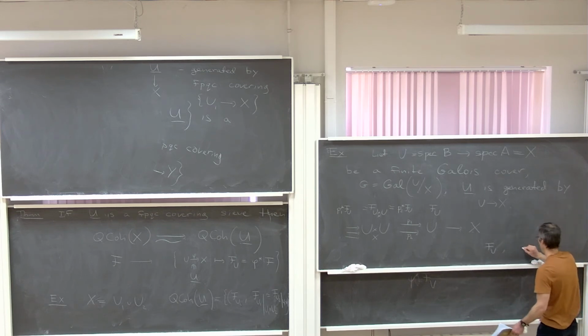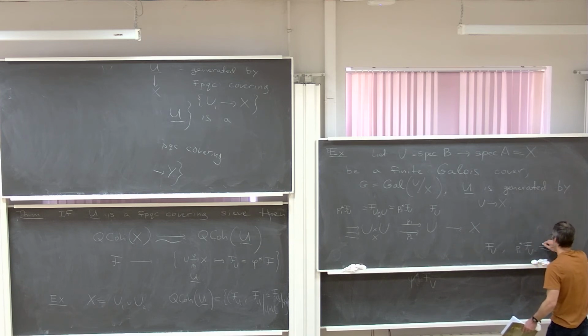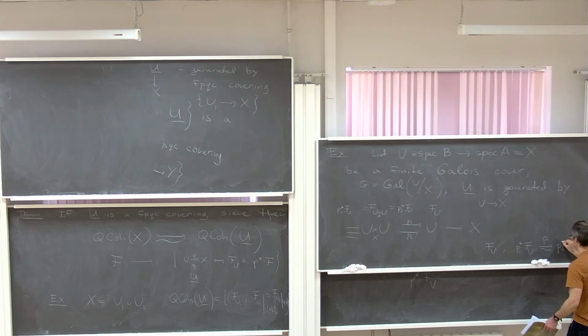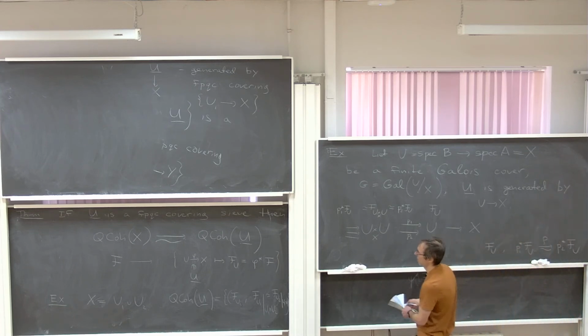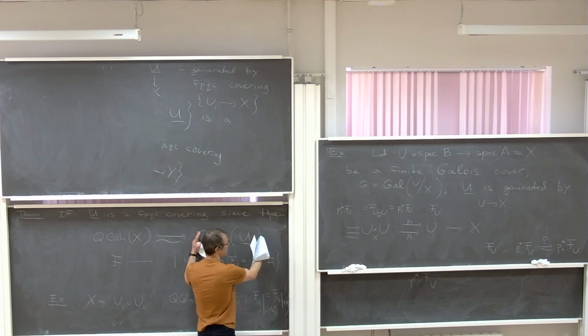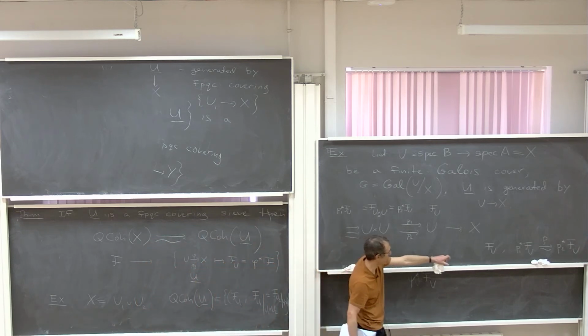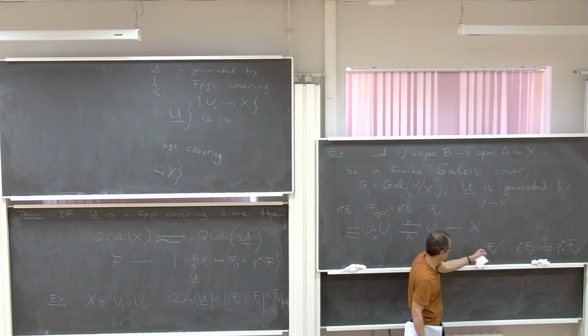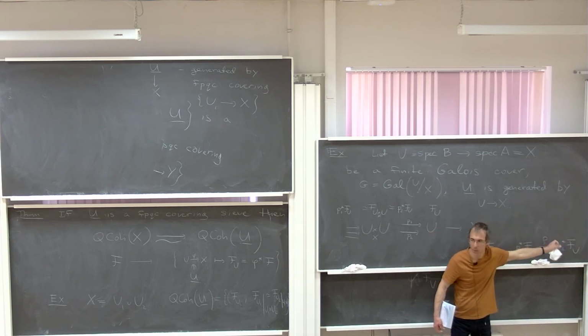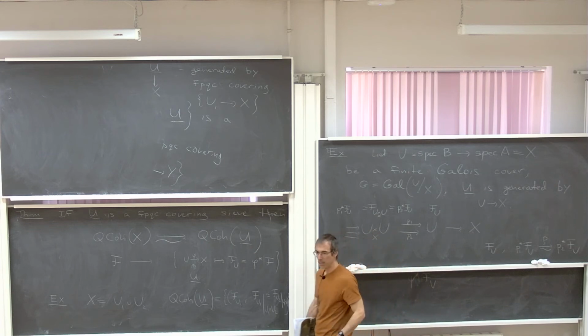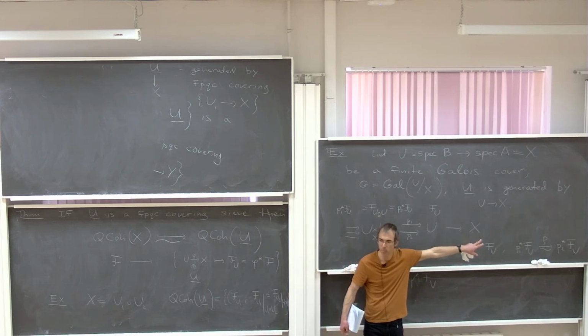I will call it rho: P1 upper star F_U to P2 upper star F_U. So again, I'm trying to describe this category for you. If I have an object of this category, in particular, it gives me this quasi-coherent sheaf F_U together with this isomorphism. But this isomorphism satisfies a certain property.